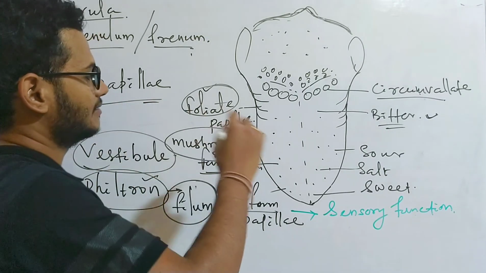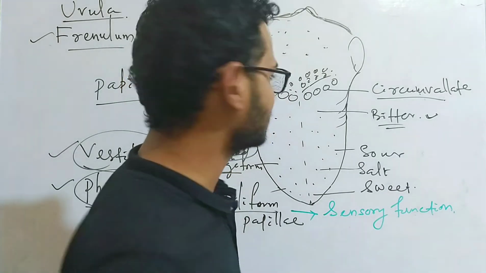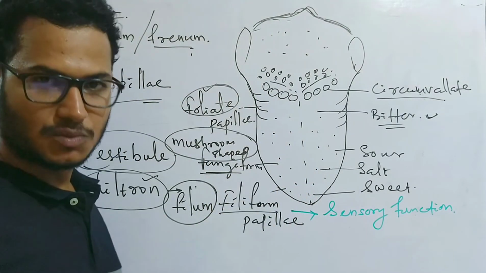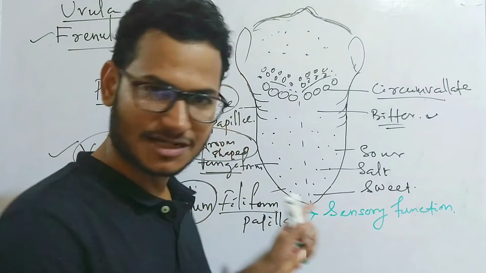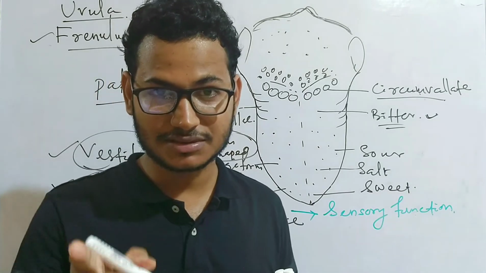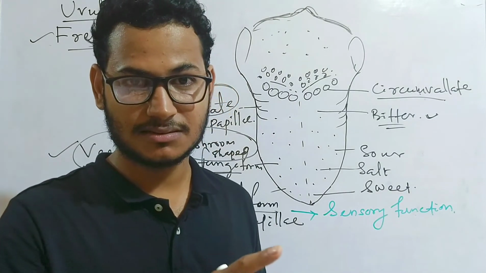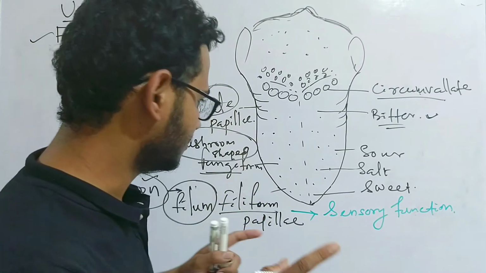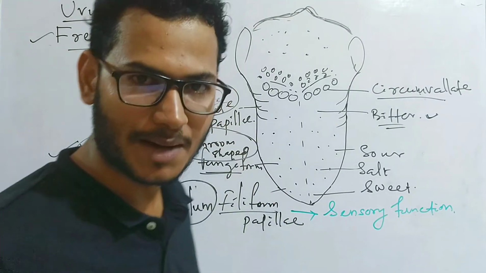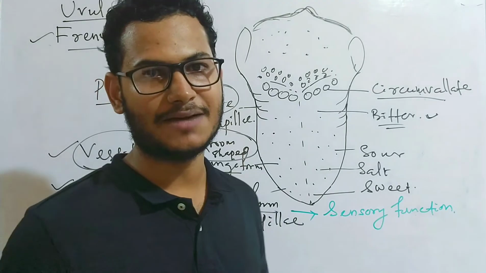Another thing I should mention here, one type of mucus gland is present here also. I have talked about the palatine gland, which is present in the palate on the roof of the buccal cavity.